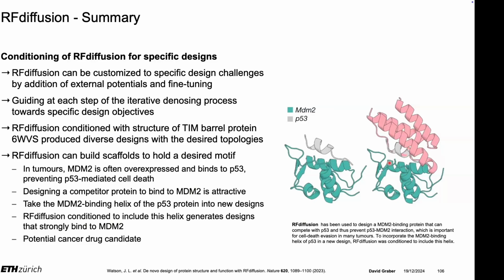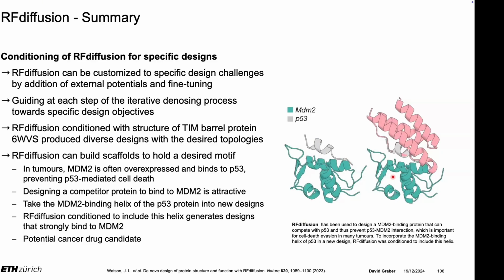And one way that cancer cells often do this is by overexpression of MDM2 protein, which is a protein that binds to P53 and therefore keeps P53 from doing its job. So cell death is not initiated anymore because all P53 is bound to this overexpressed MDM2 protein. The design task that they took on in this paper is to design a competitor protein that binds to MDM2.